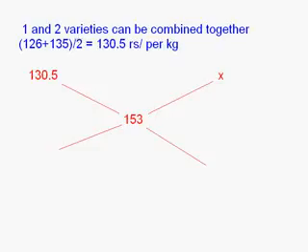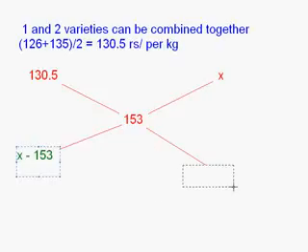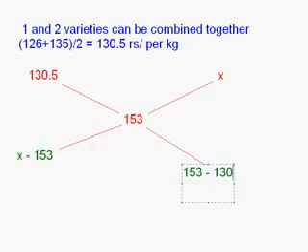So it will be x minus 153. And over here, 153 is expensive, so 153 minus 127.5 will be here, which is 25.5.